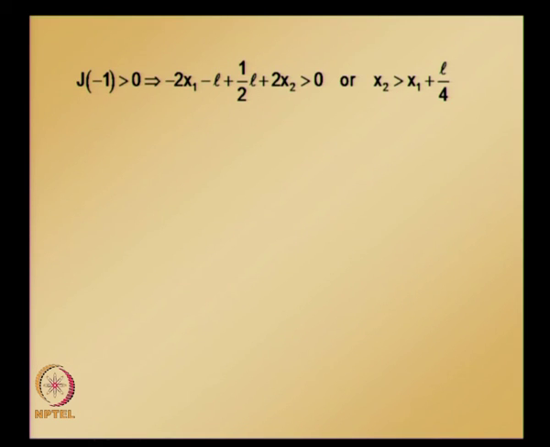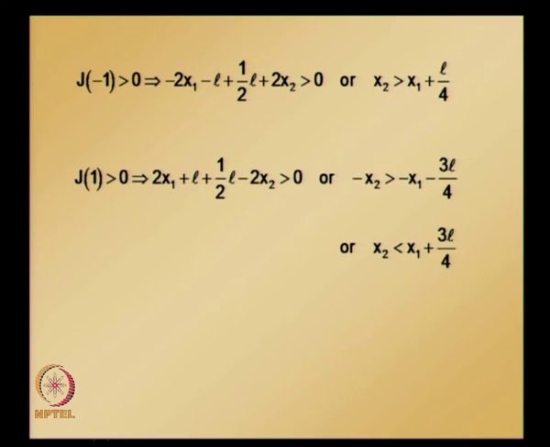The other condition is J evaluated at s equal to 1 should also be greater than 0, and applying this condition and simplifying we get that x2 should be less than x1 plus 3L over 4. So the middle node, that is x2, should satisfy these conditions.